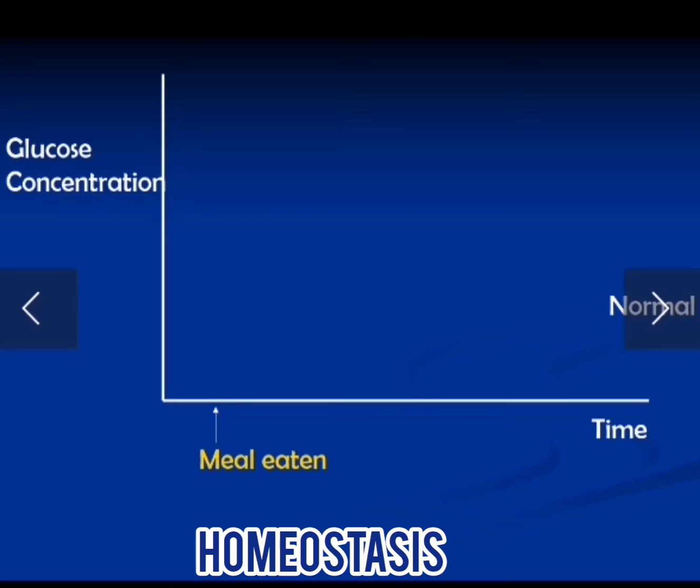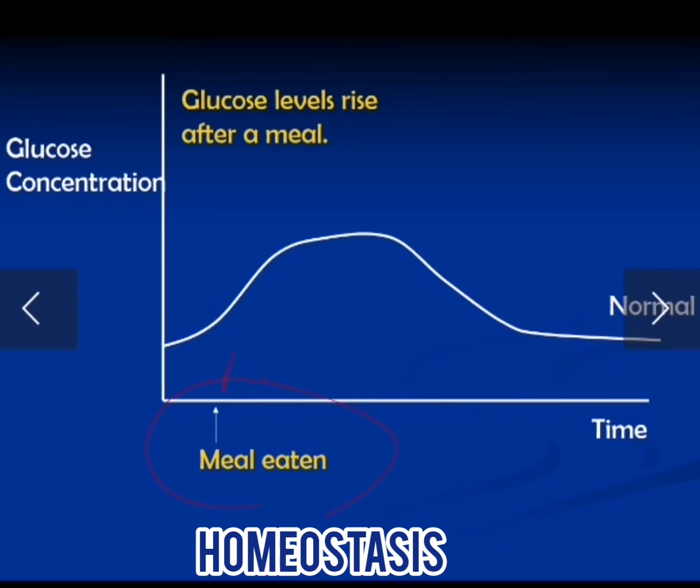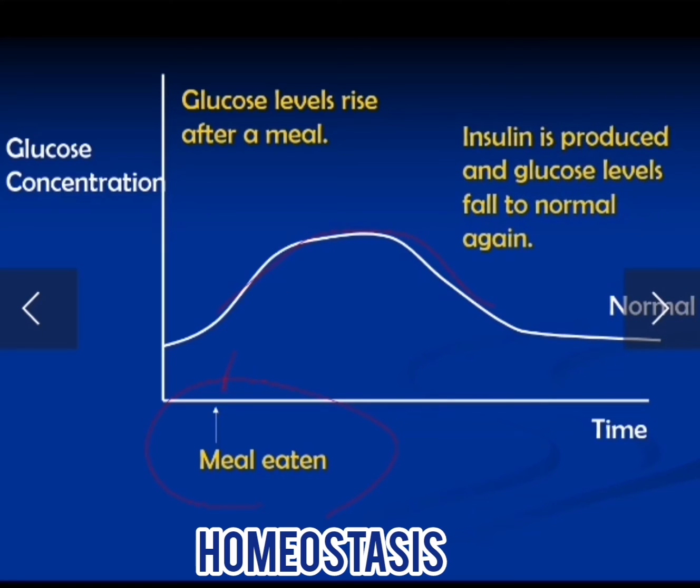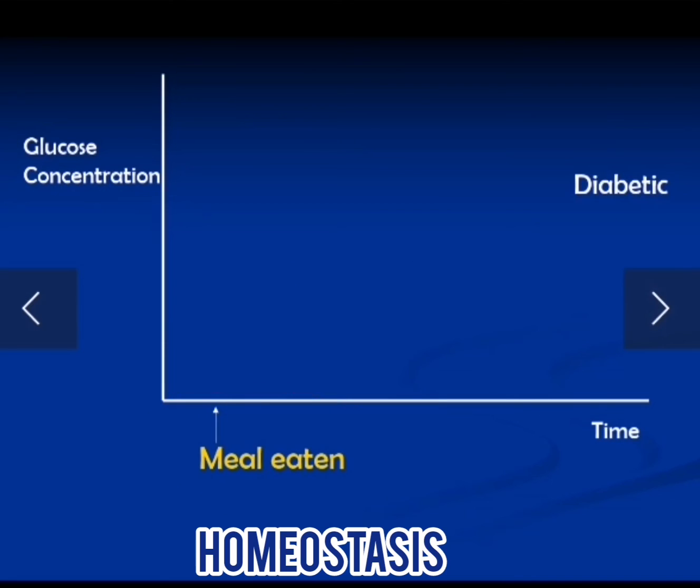So here we have glucose level concentration against time. When we eat a meal at this point, the glucose level rises. Then insulin is produced and the glucose level falls to normal again.